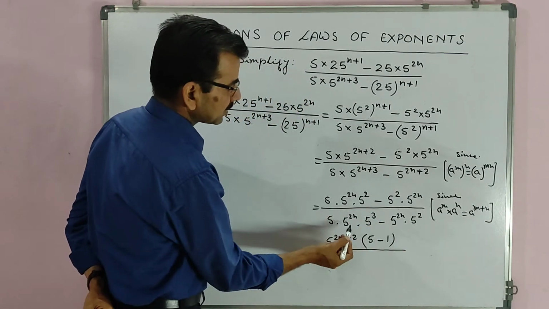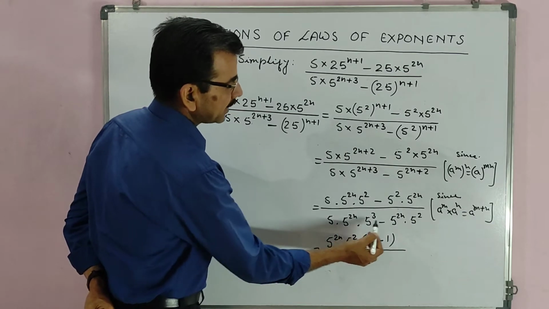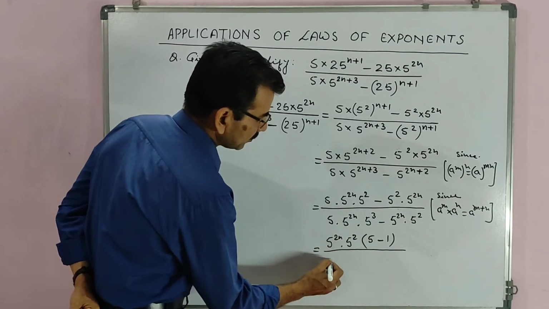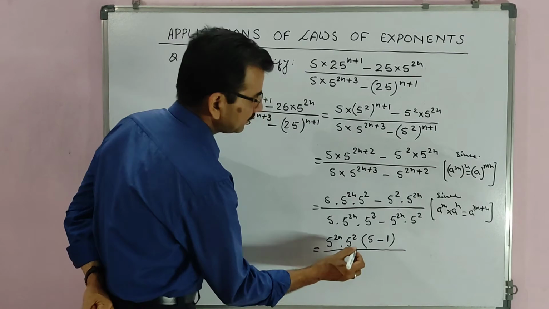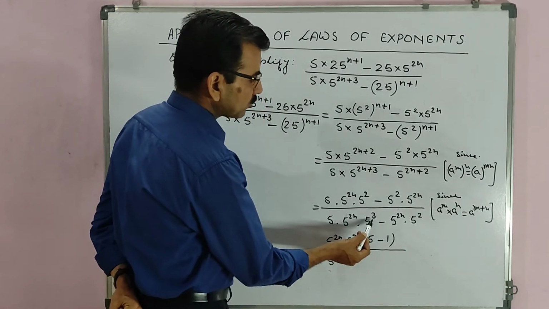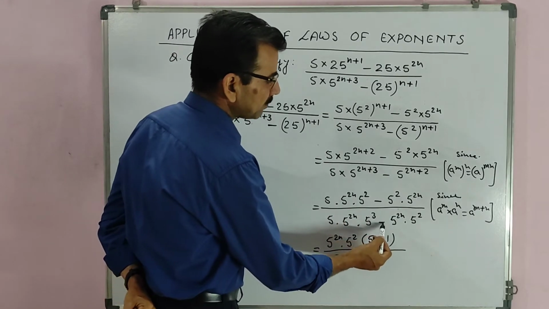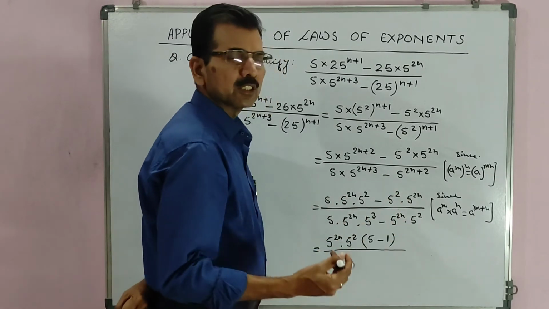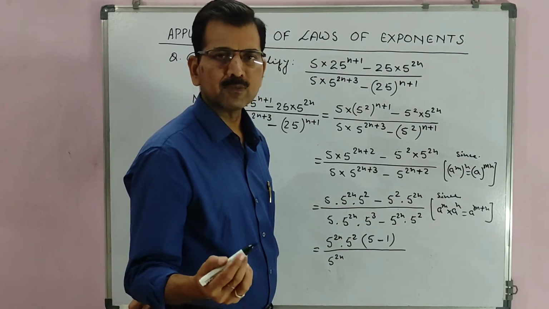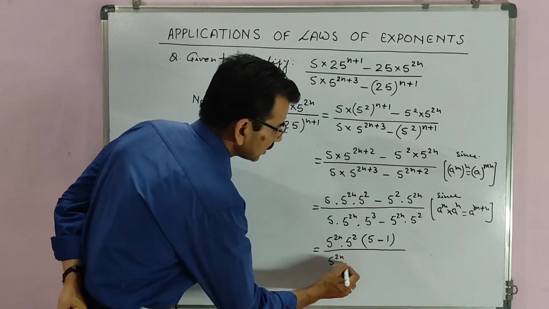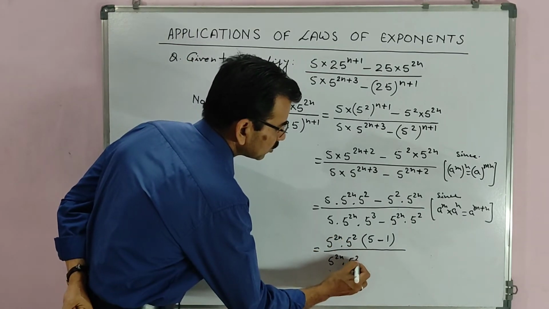Here also you choose 5 raised to power 2n and 5 raised to power 2n. We write here 5 raised to power 2n. Now 5 raised to power 3, 5 raised to power 1 this side, and after minus 5 raised to power 2. So maximum power we can take common. Which power? 2. So into 5 raised to power 2.